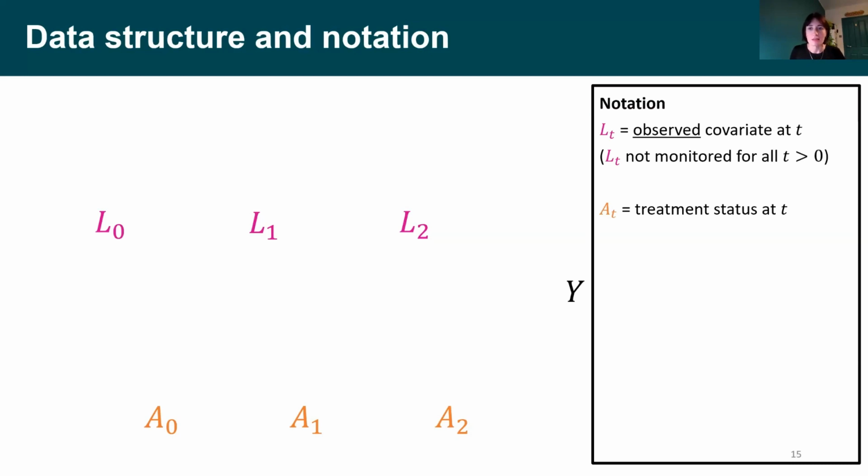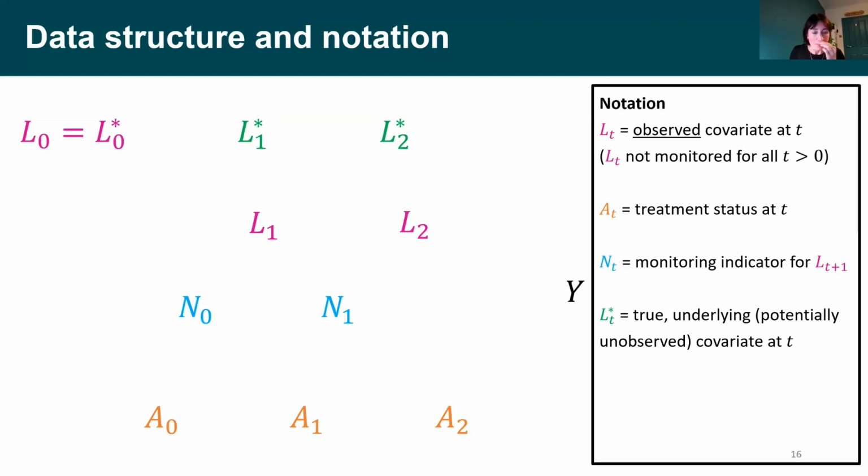So here we have a simplified setting with just 3 time points. And we have some time-dependent binary treatment, A subscript T, time-dependent covariate L subscript T, and then a final outcome Y. And we can think of LT as representing the observed covariate. So LT isn't necessarily monitored at every time point for all subjects.